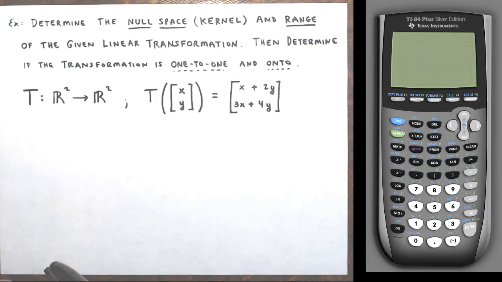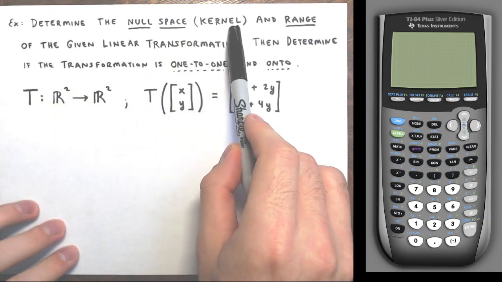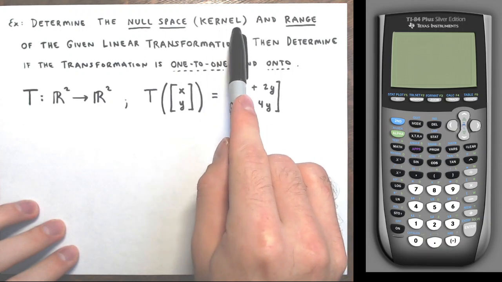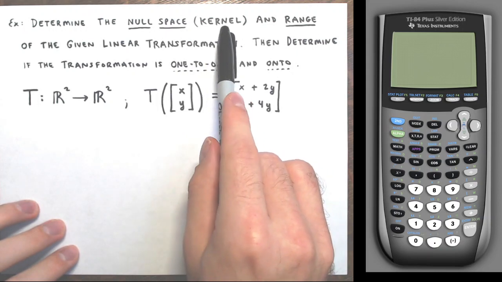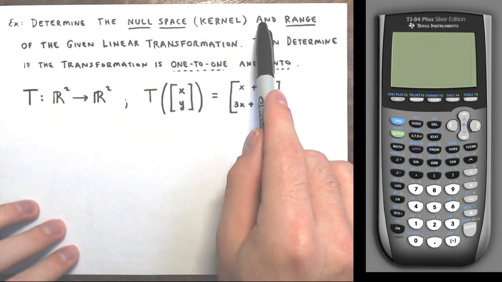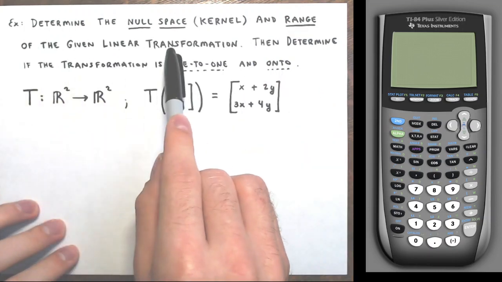So here we're asked to determine the null space. Sometimes the null space of a transformation is referred to as the kernel. You might come across this in some textbooks or some websites if you're looking up stuff. So determine the null space, or the kernel, and the range of the given linear transformation.